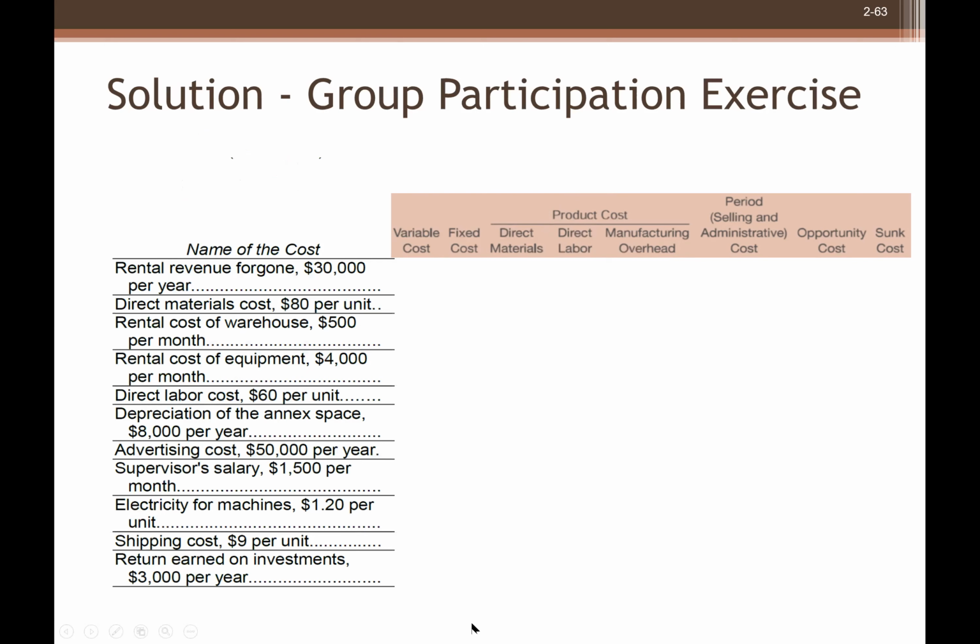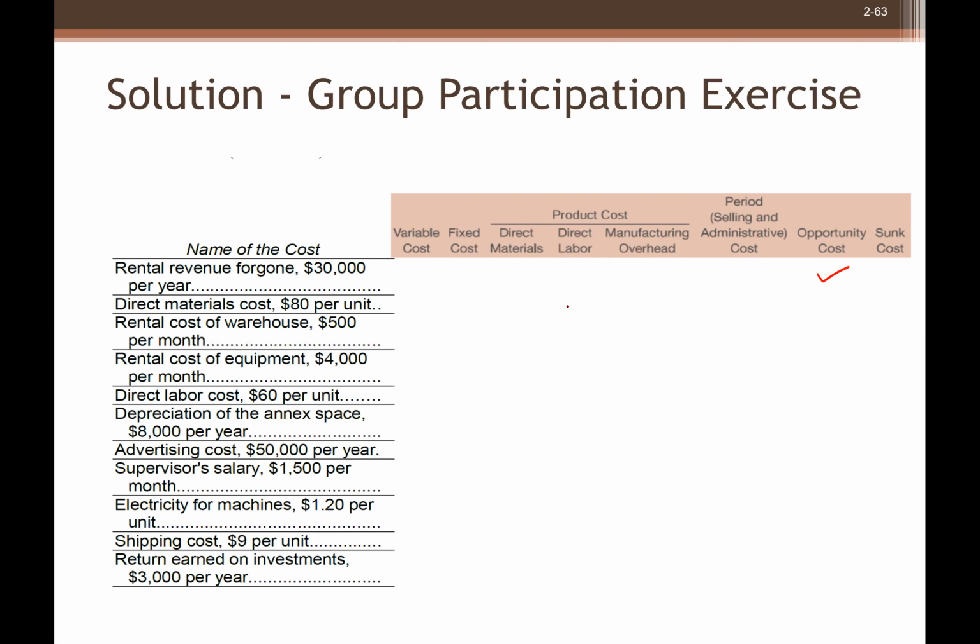Here we go. Now tell me, number 1, the rental revenue of 30,000 that is foregone. It is opportunity cost, right? That is the lost revenue. Direct material cost 80 per unit. Guys, what is your answer here? Direct material in the product cost.